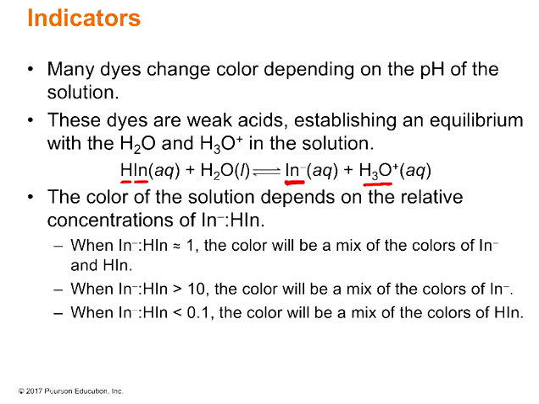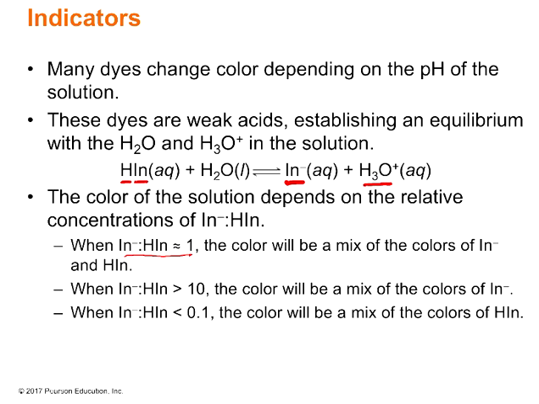So the color of the solution that the indicator is in depends on the relative concentrations of the conjugate base of the indicator and then the regular indicator or the acidic form. So if that ratio is about 1, the color will be a mix of the colors of the conjugate base form and the weak acid form.